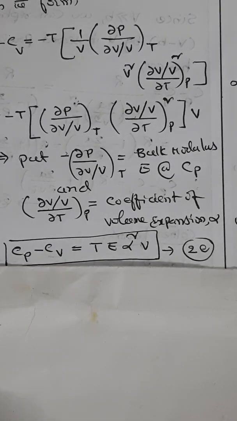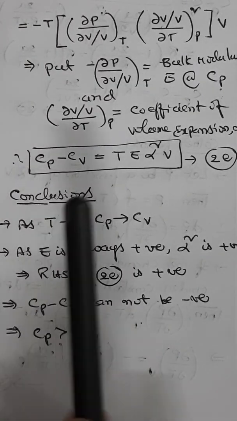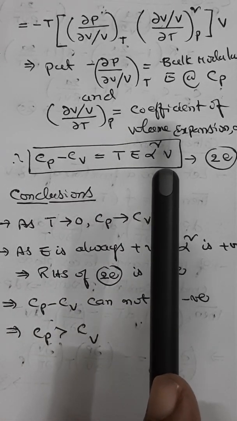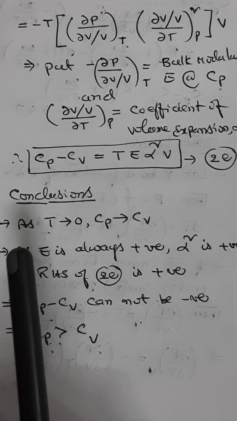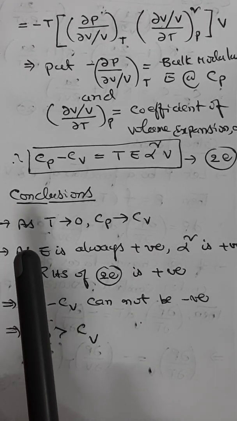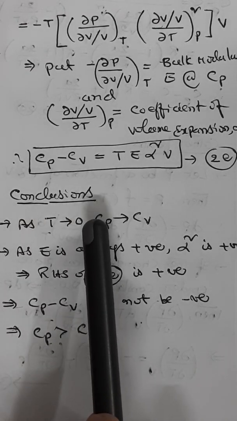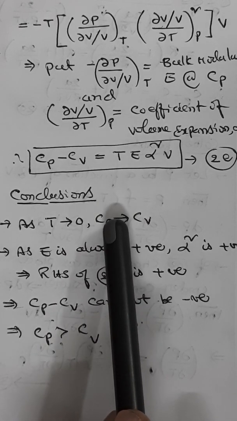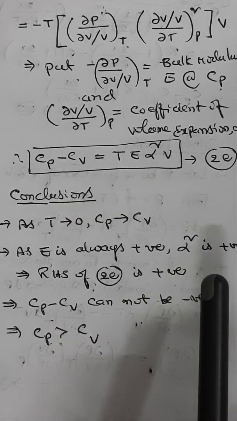Now let us see what we can interpret from this. From this equation, Cp minus Cv equal to T E alpha square V, we can interpret certain facts. For example, as temperature tends to 0, naturally Cp tends to Cv, or at absolute 0 the two specific heats are equal.